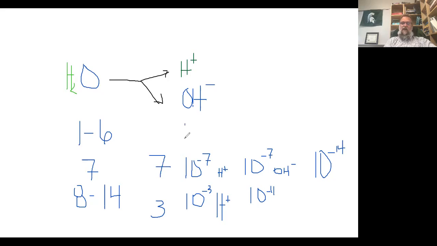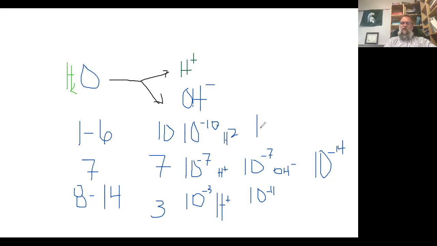If we had something that had, say, a pH of 10, something that's more alkaline, a base, that means that we have 10 to the negative 10th of hydrogen. We have a very small amount of hydrogen.